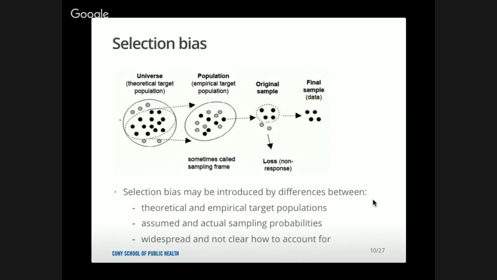This is a kind of question that comes up in meta-analyses, which I do a lot of, when you try to integrate results across numerous studies, which may have had different study populations or empirical target populations. And there are people at extreme ends of the spectrum of how to deal with that.